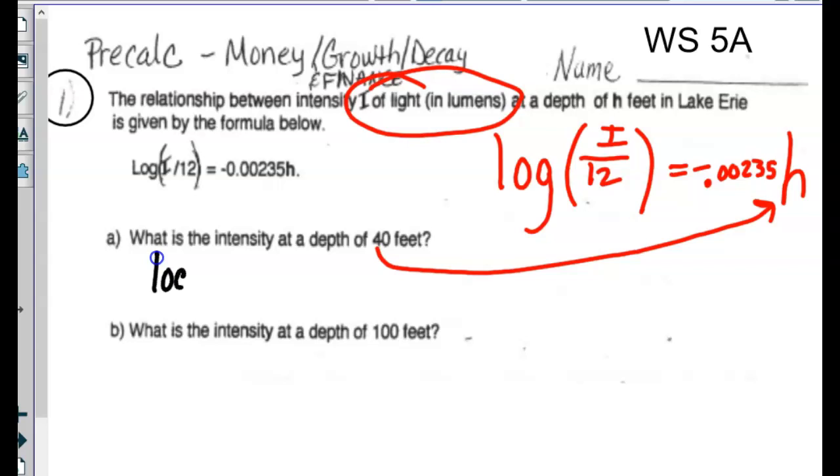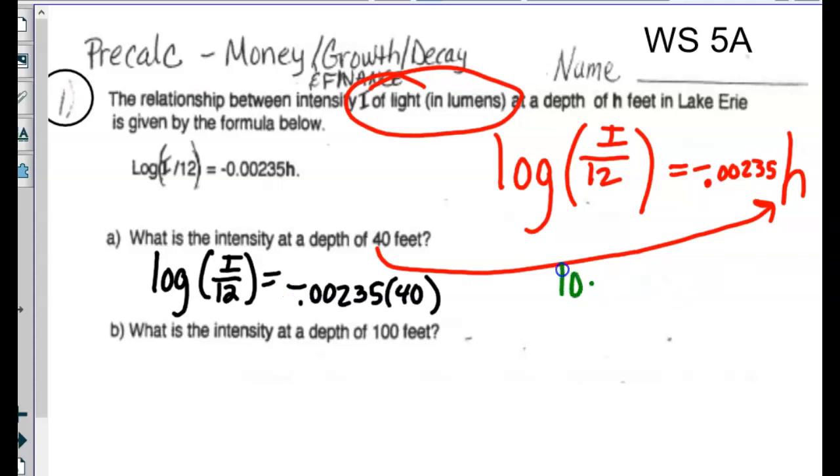How would we solve for I, guys? Negative 0.00235 times 40. If I do the first one, you should be able to do the second one, right? Because it just changes to 100. All right, I'm gonna go ahead and type that in. Negative 0.00235 times 40.